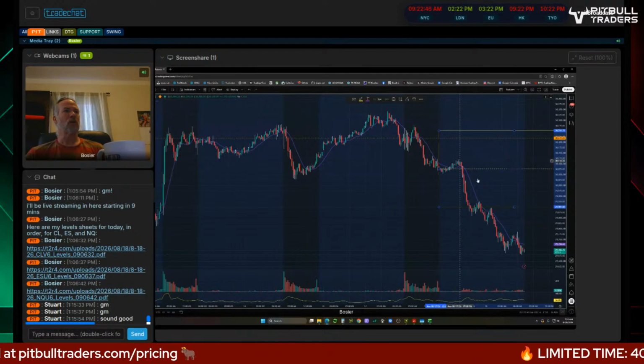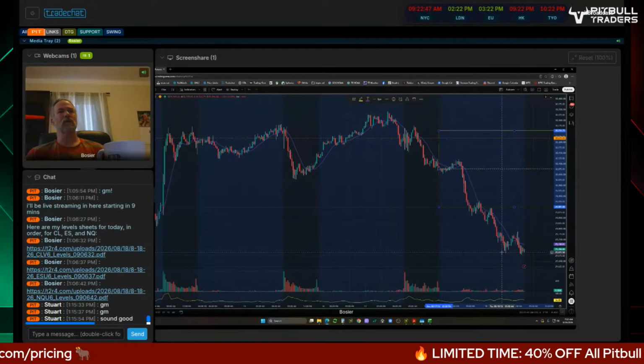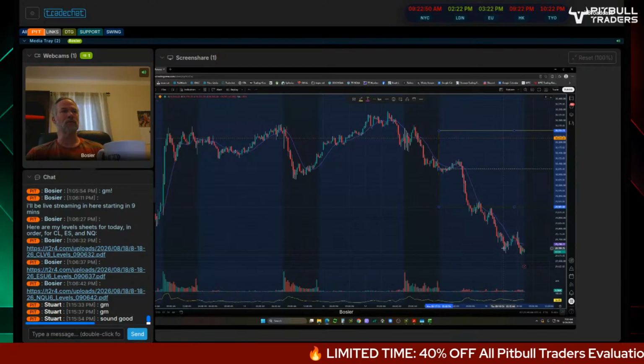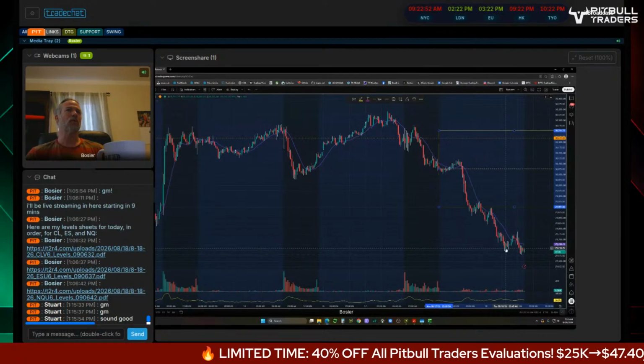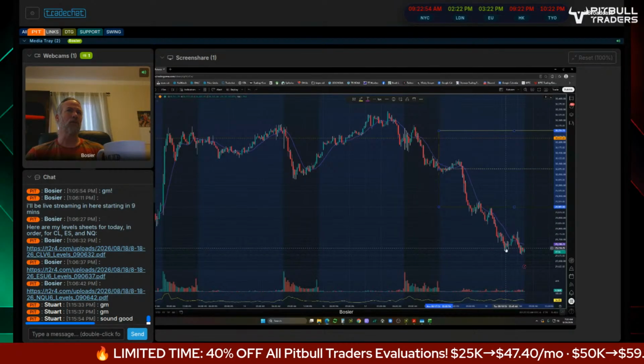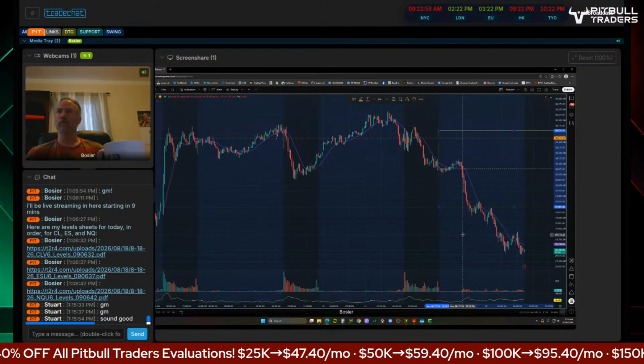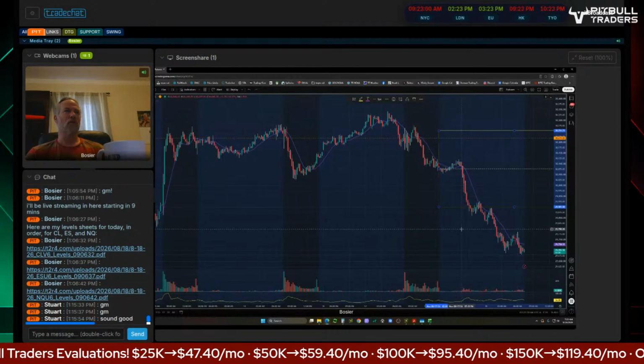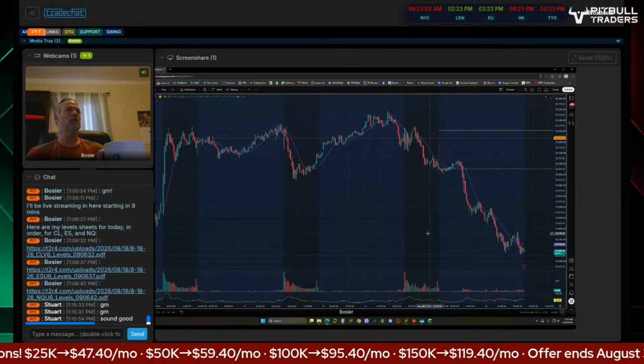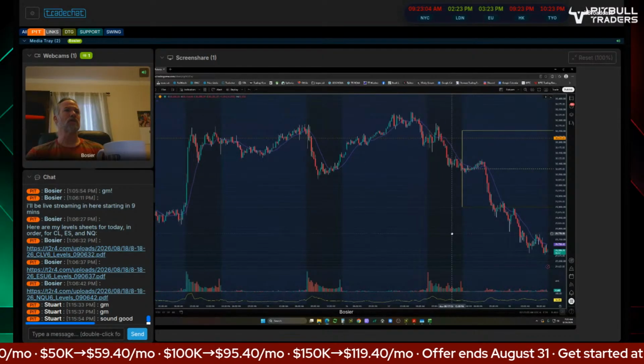So a pullback like this and a retest of the 50, and then if it holds, and also if it doesn't quite get to the 50 and holds and then rallies, that could be a really good thing. But we'll just have to see how the markets respond to these bond yields.